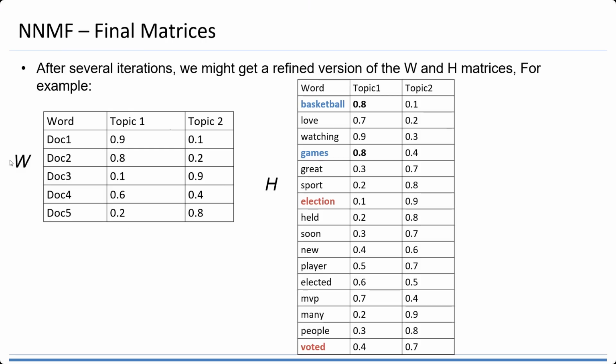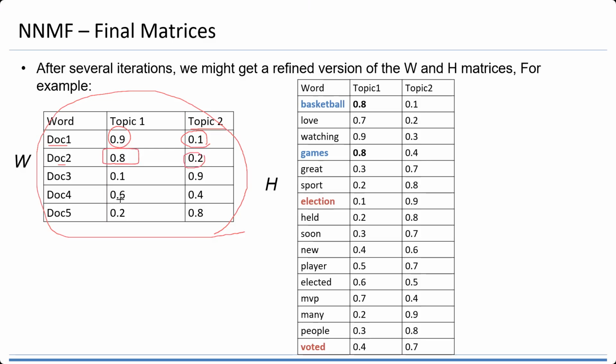Now let's see the final matrices. Using this final matrix, we can see that document 1 has 0.9 on topic 1 and 0.1 on topic 2. Document 2 has 0.8 on topic 1 and 0.2 on topic 2, and so on.